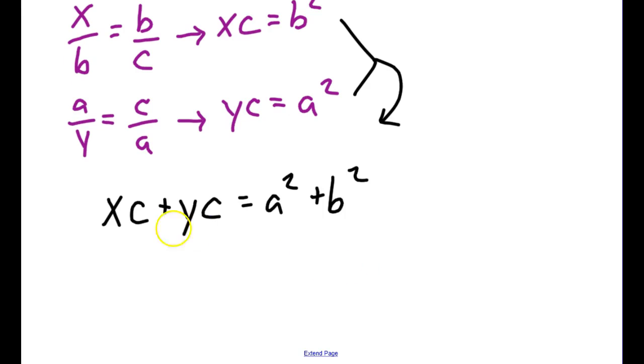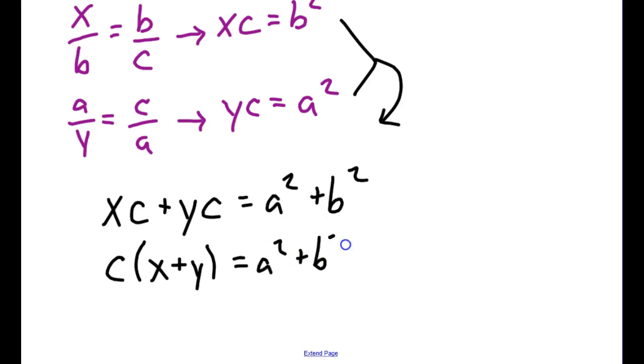Using a little algebra here, looking at the left side, they have a factor of c in common. So I'm going to factor c out in front, which leaves us with x plus y, equal to a squared plus b squared.